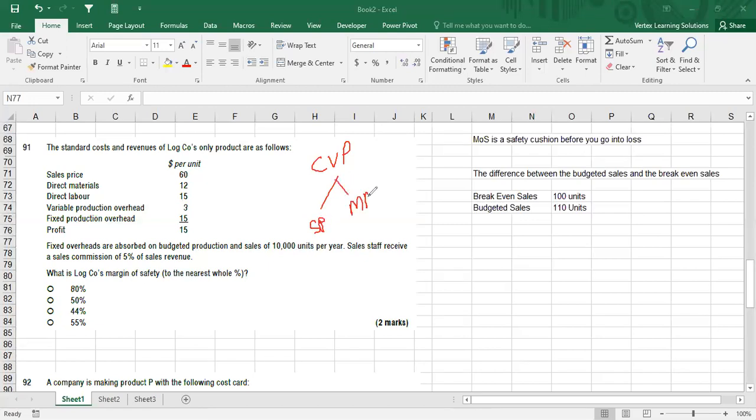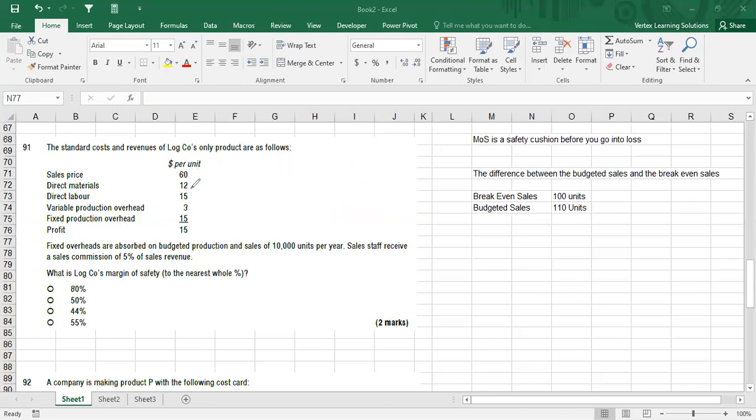Right now it says only product, so it is a single product break even. Multi product break even looks difficult and complex, but once you understand the logic, this also is easy. In the beginning it looks challenging. You just need to understand how to handle the multi product. This question is for single product.